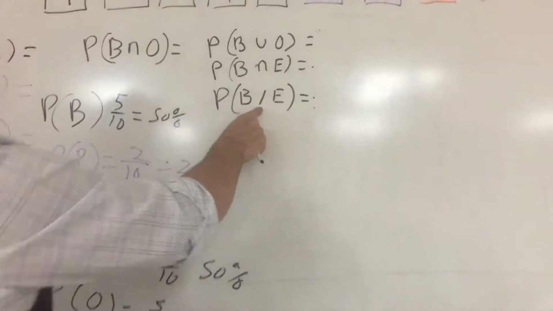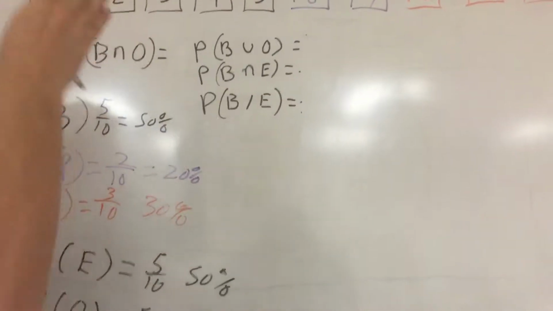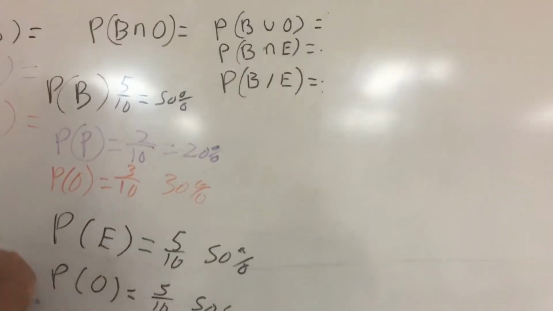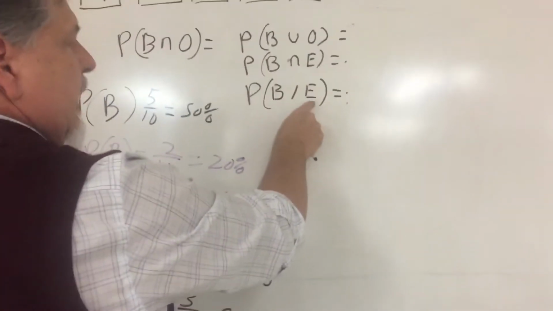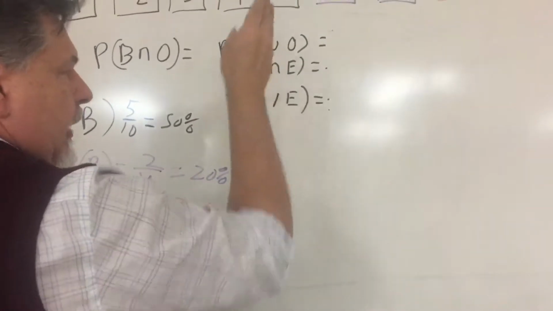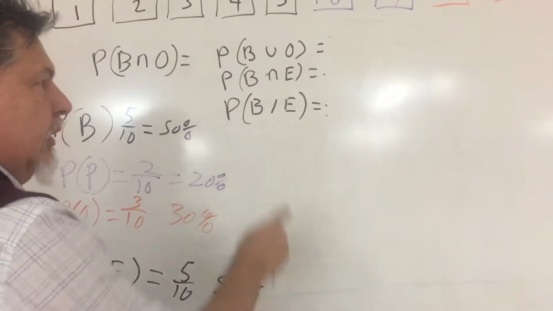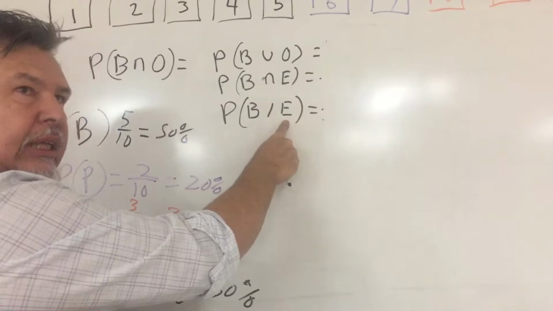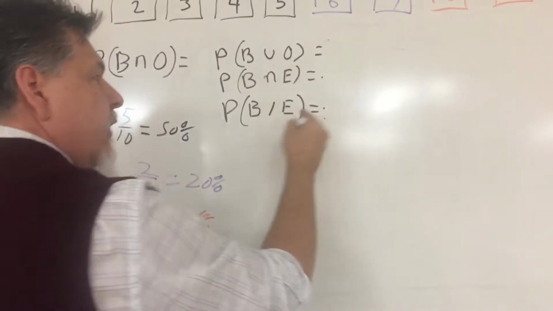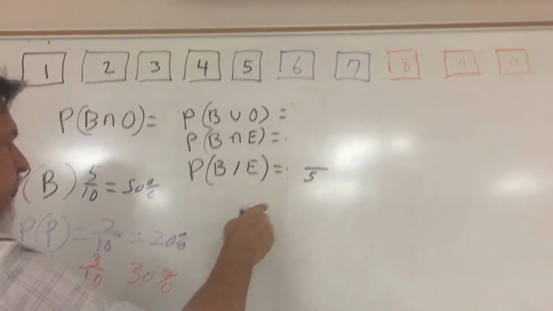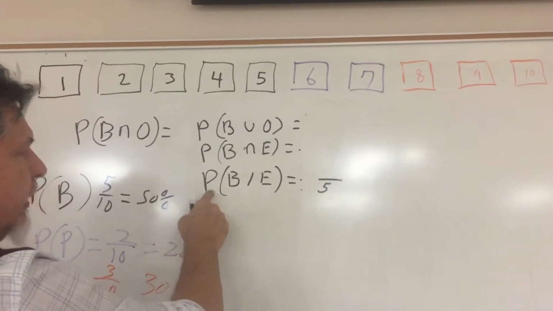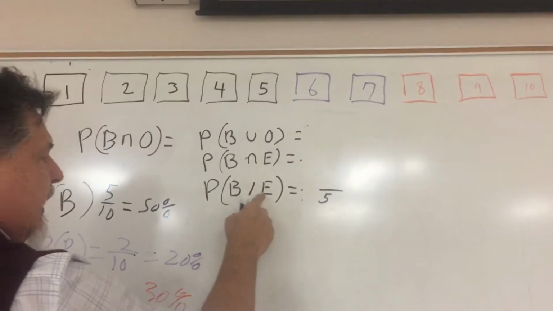Anytime you see the given symbol, it just means to cut the denominator. So right away, given even, we're just saying now I'm going to cut the rest of the possibilities out and I'm only going to be dealing with evens. So I only have 5 evens, so my denominator is going to change. So what is the probability of black given even?